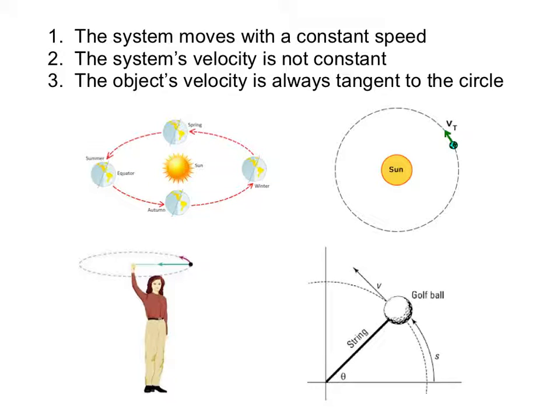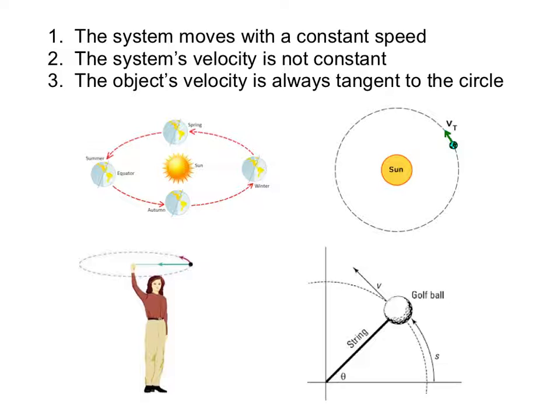One example that we can take a look at is the Earth revolving around the sun. Every year it takes the same amount of time for the Earth to go around the sun. Technically, the Earth doesn't make a perfect circle around the sun, but it's close enough. So every year is always the same length of time, and its path is always the same, so therefore its speed is constant.